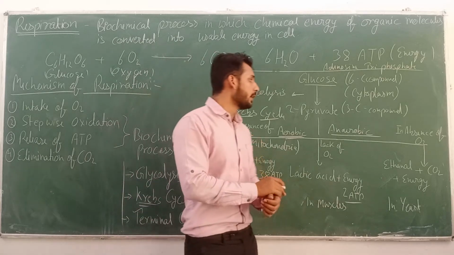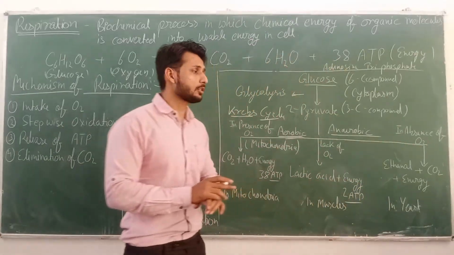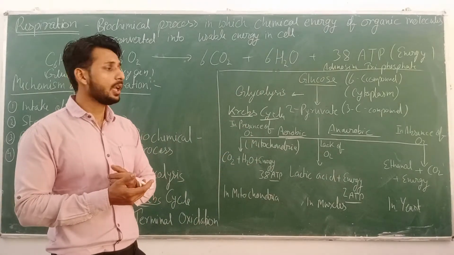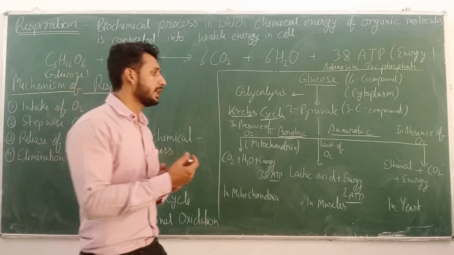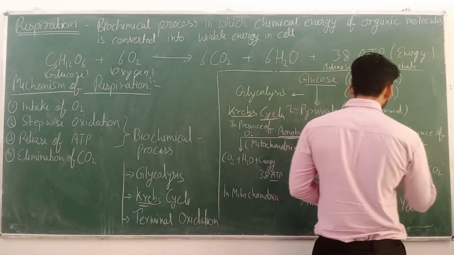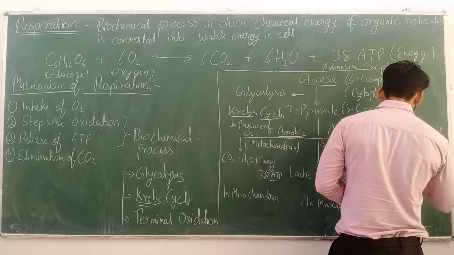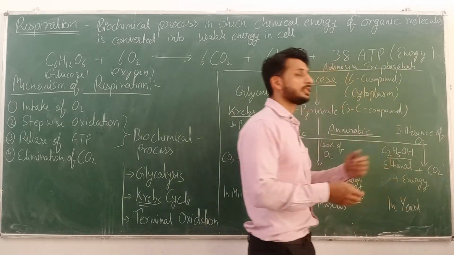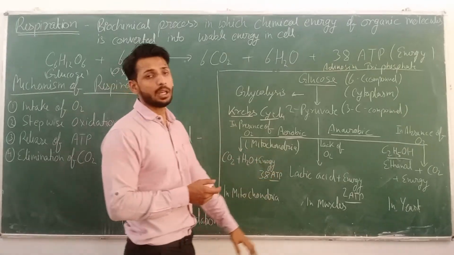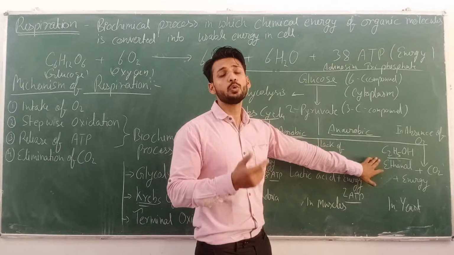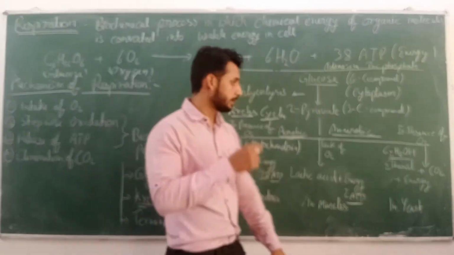Got it? Now, next is in totally absent oxygen. What happens in the total absence of oxygen? This takes place in yeast. It is converted into ethanol. Ethanol is alcohol, ethyl alcohol. So here it is also incomplete oxidation of glucose, and glucose is converted into a 2 carbon compound, that is ethyl alcohol, ethanol, and carbon dioxide and energy.